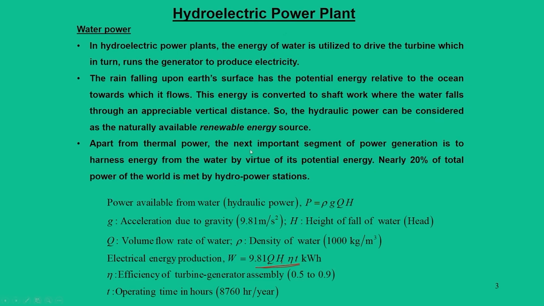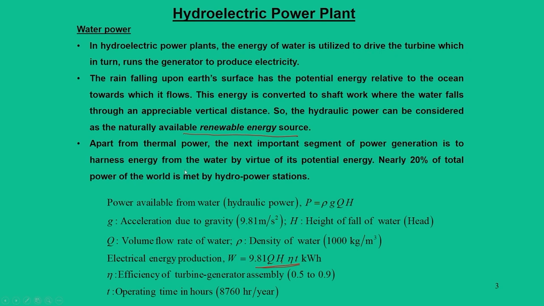Since we do not require any kind of fuels, we call this a naturally available energy source. The theme of a hydropower plant is that the energy of water is utilized to drive the turbine, and in turn it produces electricity.